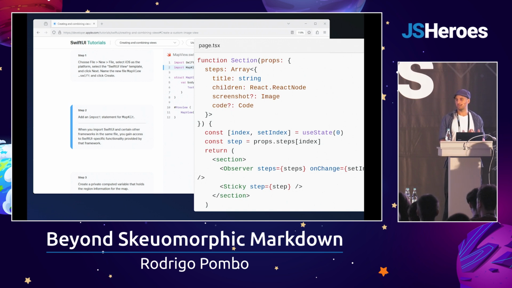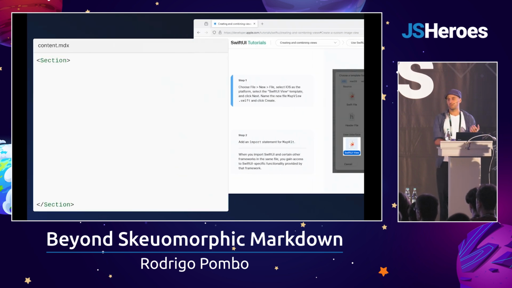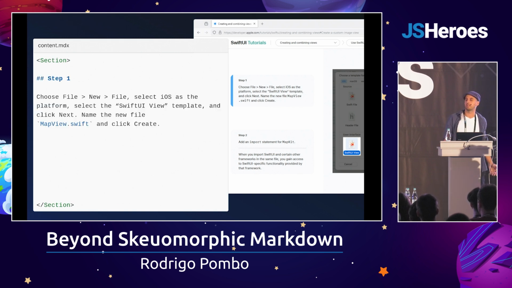So now we need the content. We are going to use Markdown or MDX, which is basically the same thing here. For this particular section, we have a title with the step, then some content. And in this step, we have a screenshot.